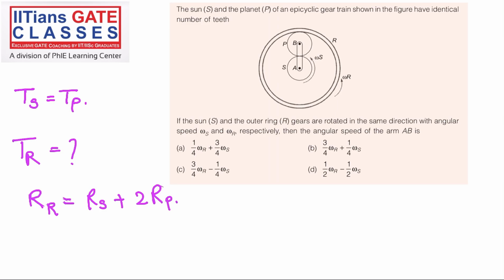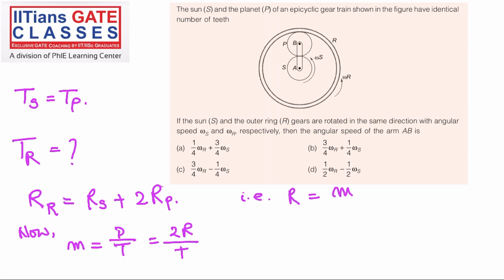The radius of the ring gear is equal to radius of sun gear plus 2 times radius of planet gear, isn't it? Now we know that module is equal to d divided by t, that is equal to twice of r divided by t. That is, I can write radius is equal to mt divided by 2, right?